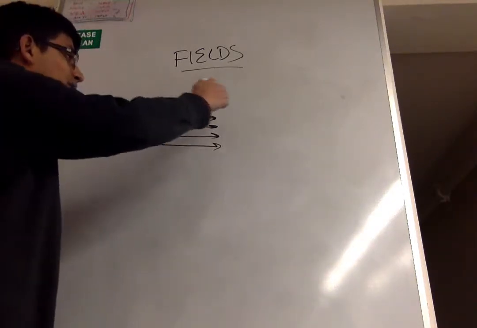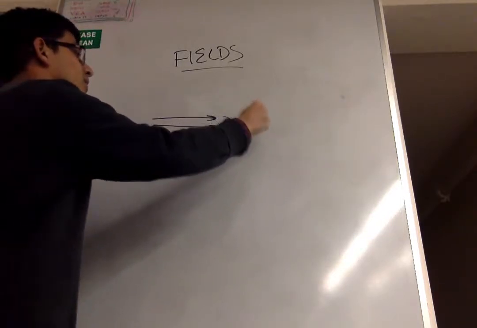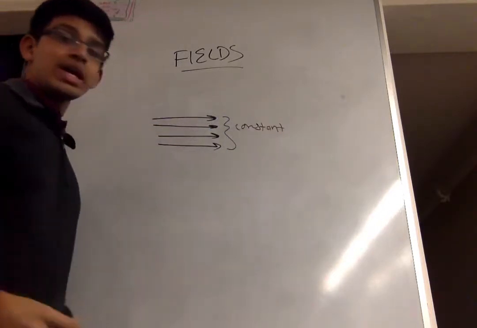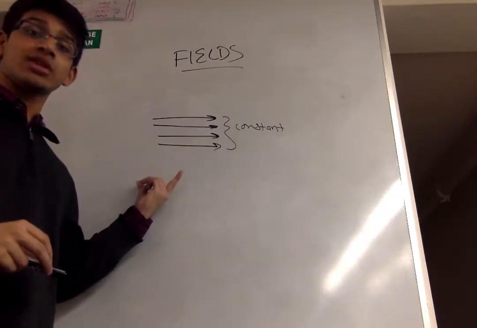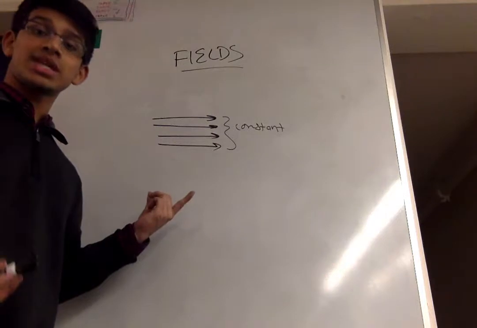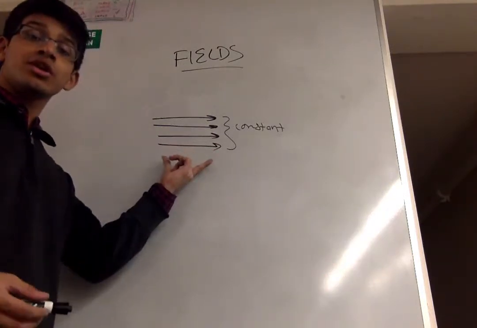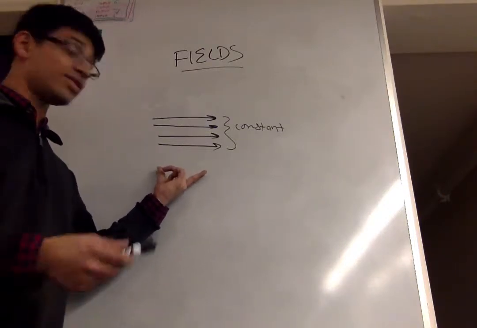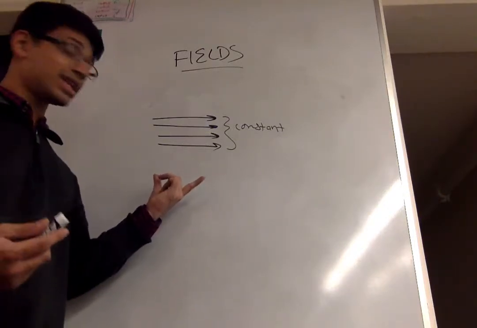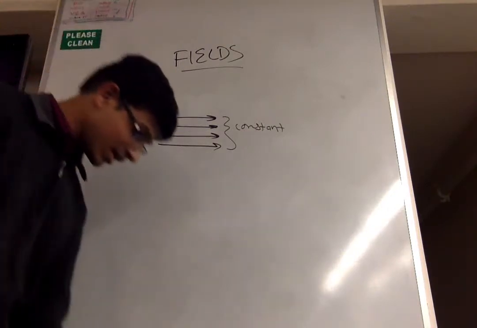Because the density in this region is constant, we therefore assume that the magnetic field in this region is constant. And that's how we represent the uniformity of a B field. If the field lines are drawn with a uniform or constant density in a given region, then the magnetic field in that same region is thought to be constant.